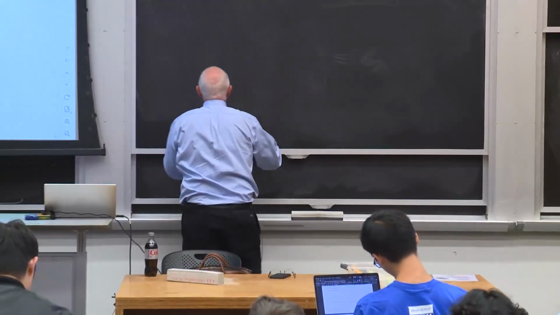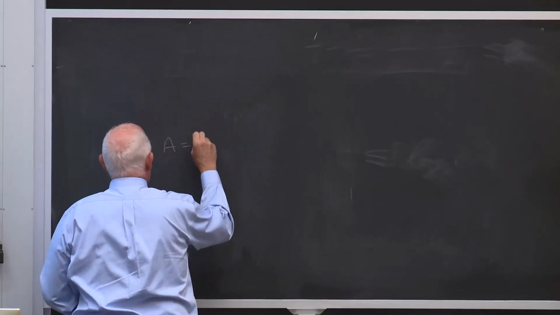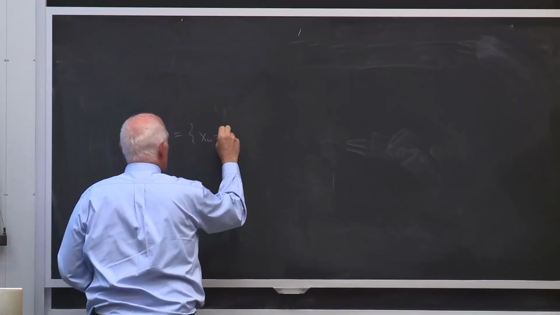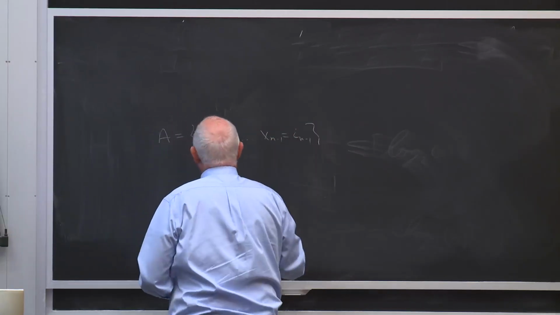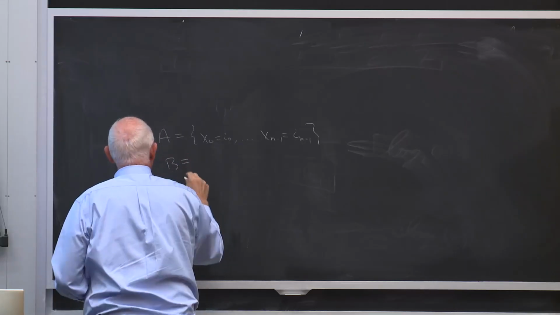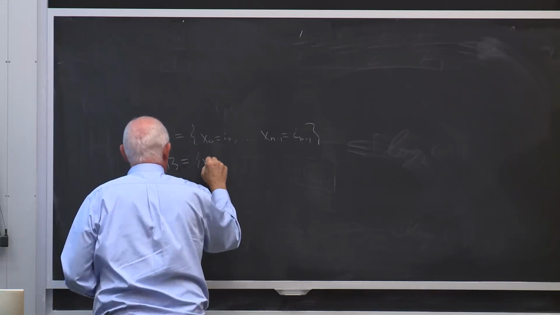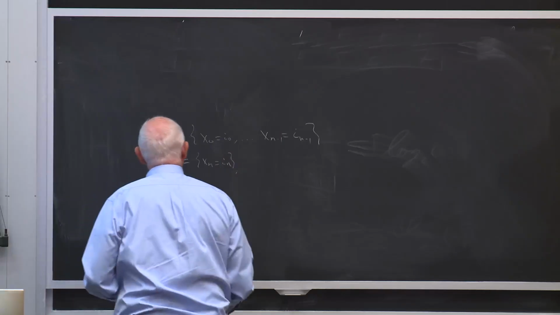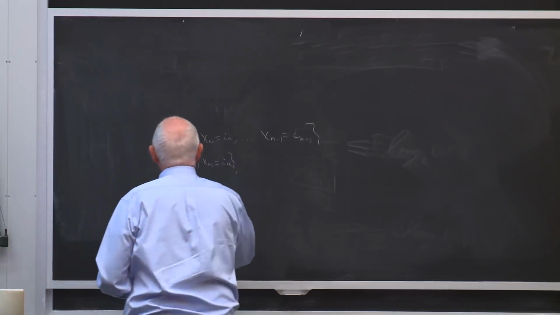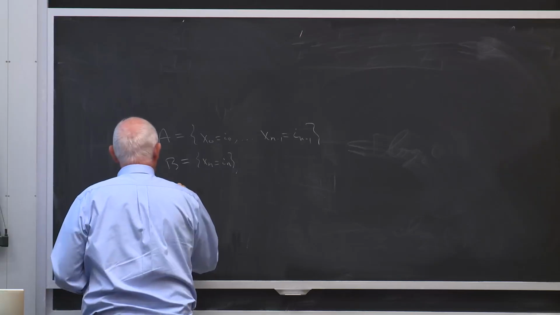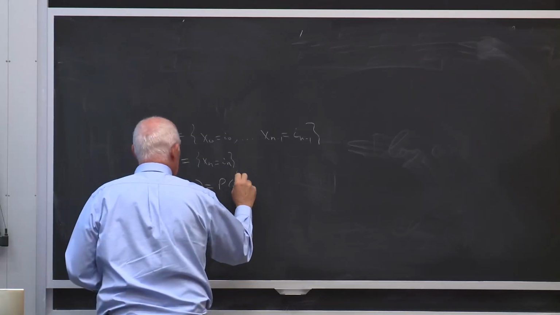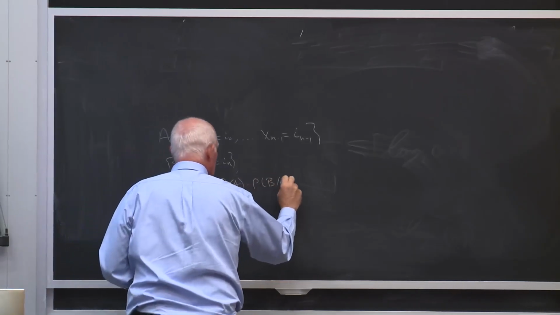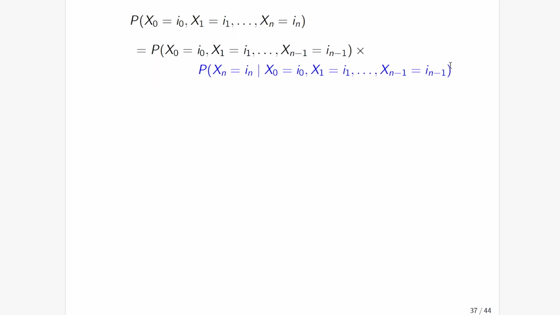So if we think of A equaling X0 equals i0 up to Xn minus 1 equals i n minus 1, and B equal to Xn equal to in, then the probability of A and B is equal to the probability of A times the probability of B given A.